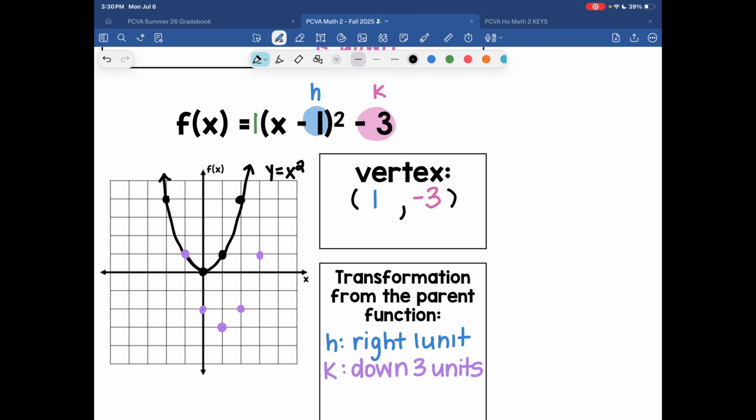So if I look at this, it should have the same shape. Transformations, shifts, do not change the shape of the graph. The only time it changes the shape of the graph is if I have a compression or a stretch. So as best we can doing it by hand, you should be able to see that it has an identical shape, and all we did was go right 1, down 3.